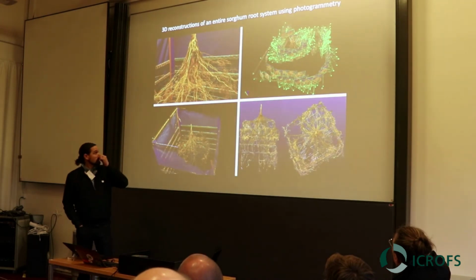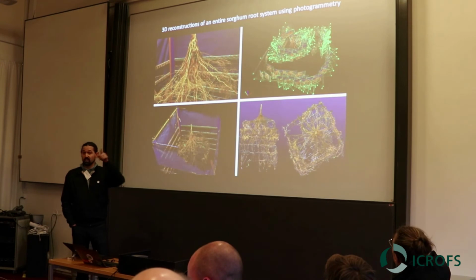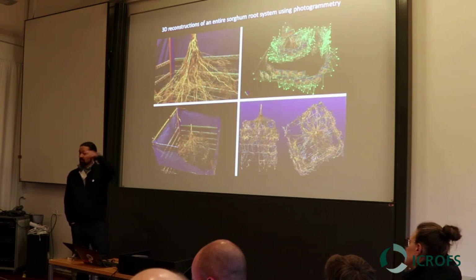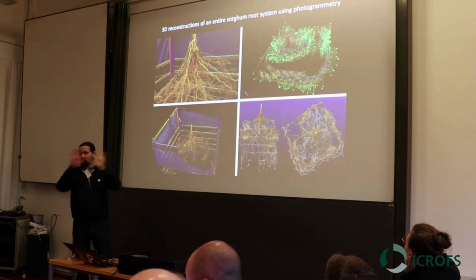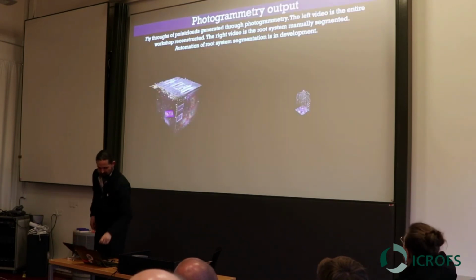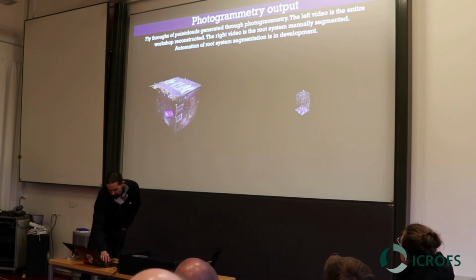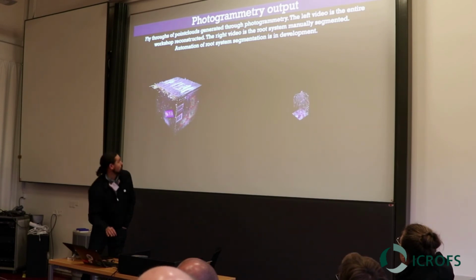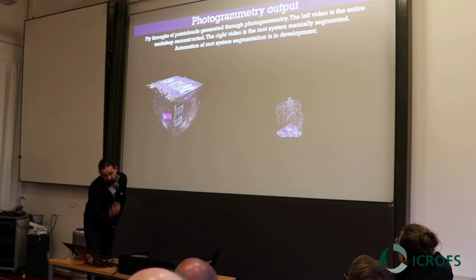And then to get the actual 3D models themselves, we use a method called photogrammetry, which is just taking thousands of photographs in a circle with a handheld digital camera. And basically, we get the geometry of each of these, we can align them, and we can generate a 3D model from that. So this is basically the last bit that I'll show you, but we've developed basically a studio for this.